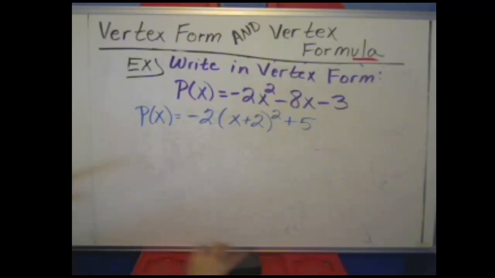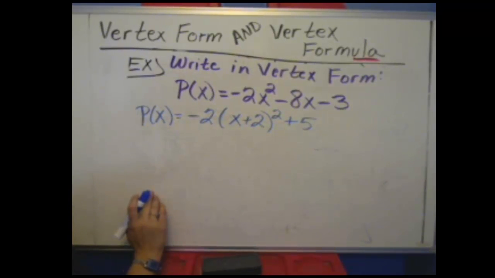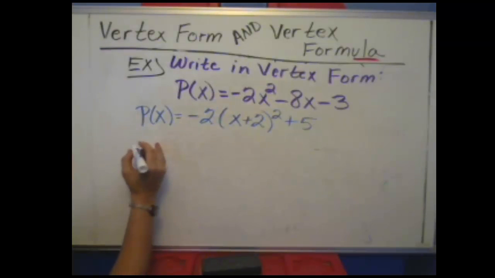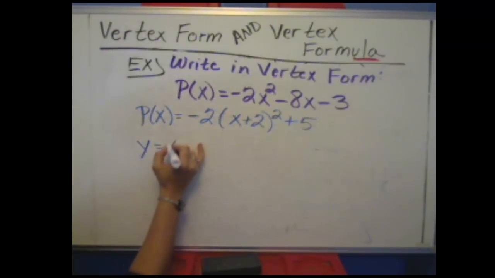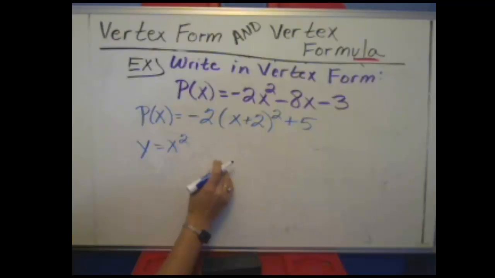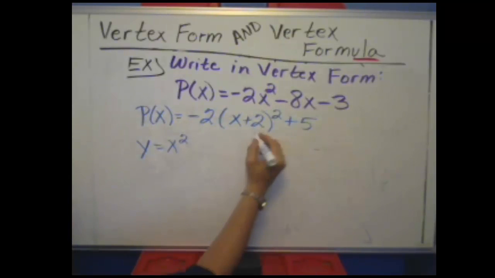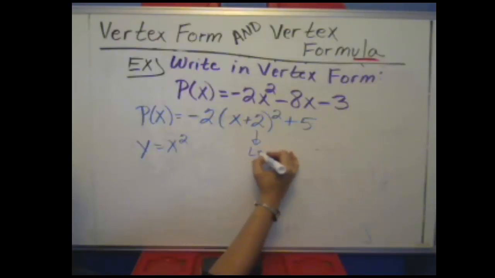So let's talk about the things that we can see from this equation. First of all, we can see how the original y equals x squared would have been modified or transformed. So the idea is that y equals x squared, to give me this new equation, would have had several things done to it. First, we'll say inside the parentheses that it was moved to the left by 2.